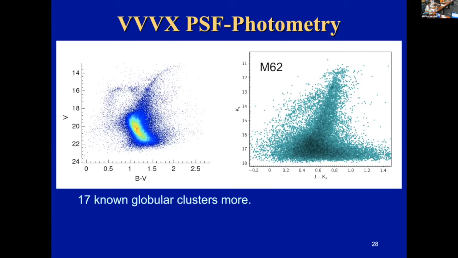The way we calculated the completeness, because this was also my work, was with artificial star tests. We injected stars at different magnitudes in 3 different regions of the original VVV footprint. Then we ran our photometric pipeline and checked which ones we were recovering.